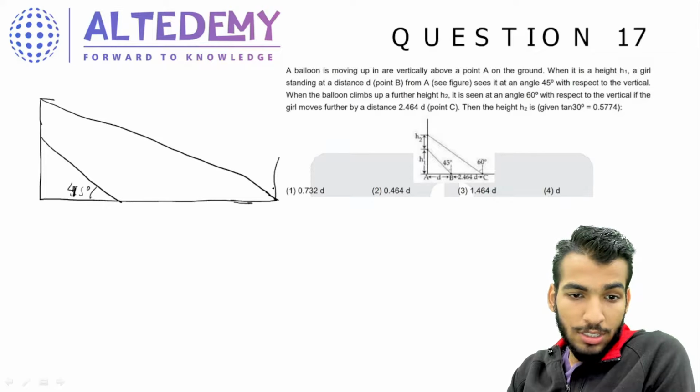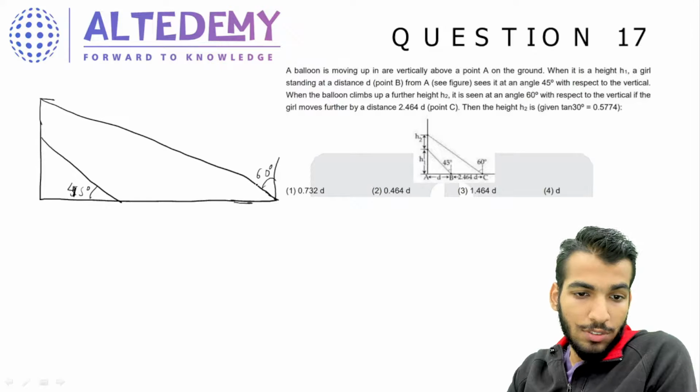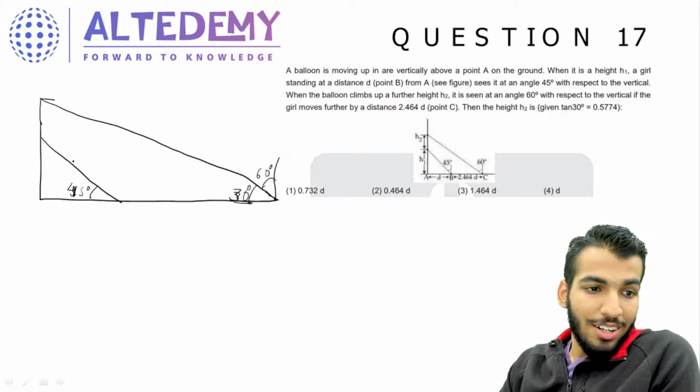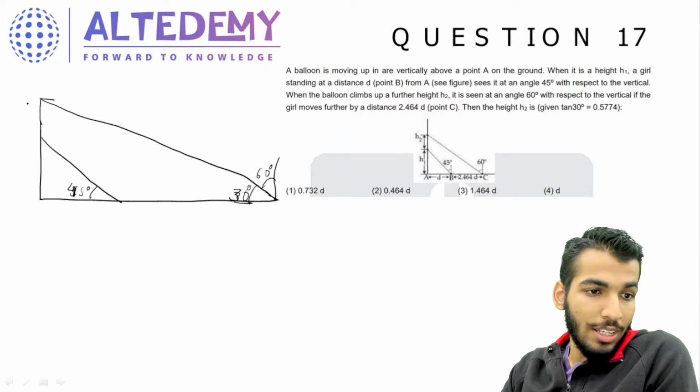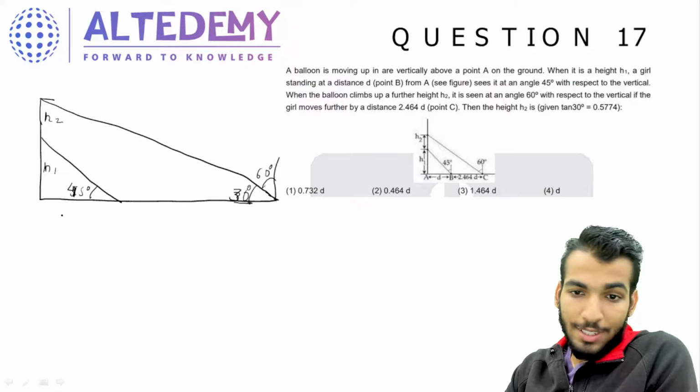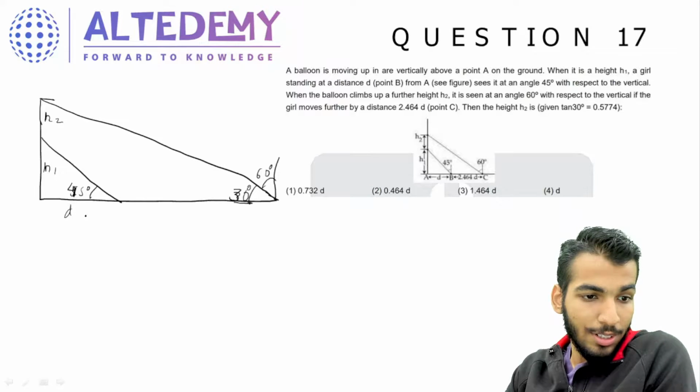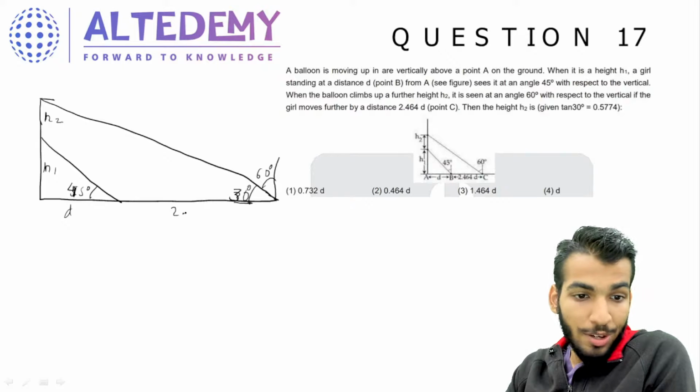So this is 60 degree, and of course this will be, as you all know, 30 degree. This is a no brainer at this moment. So this height will be h2, this will be h1, and this will be d. This will be 2.464.